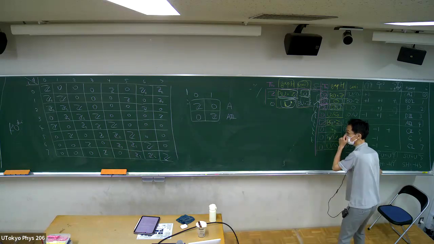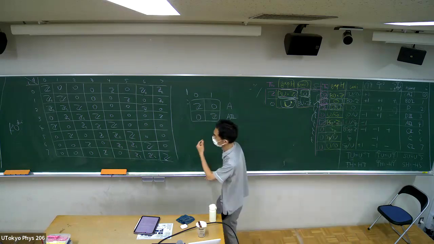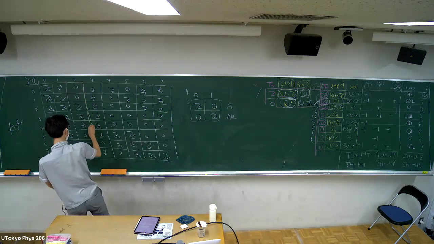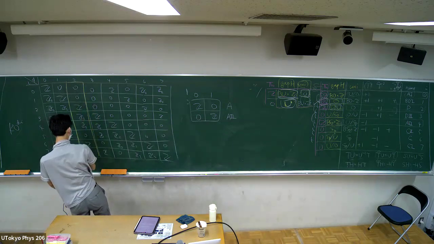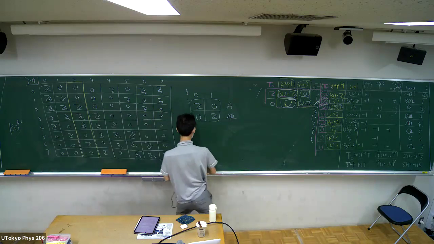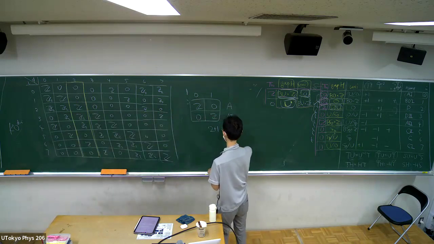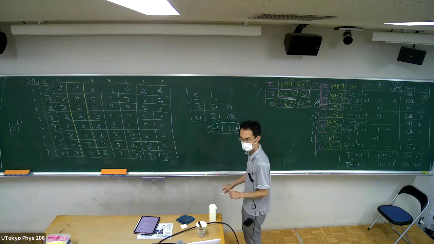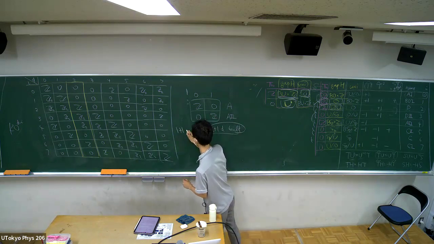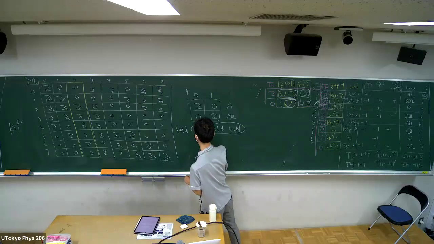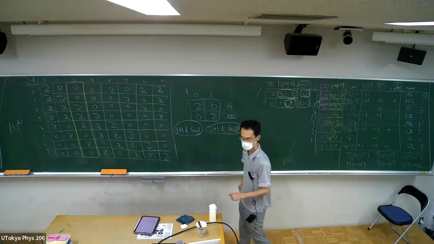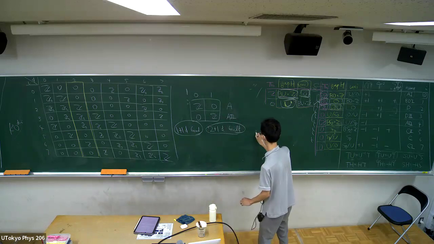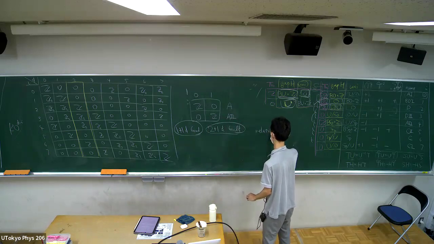So before getting into this general discussion, we considered a 2 plus 1D bulk and a 1 plus 1D boundary system in a relativistic setting.